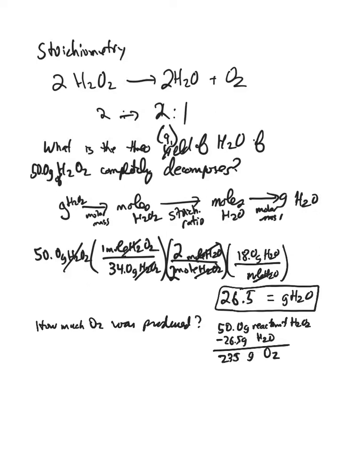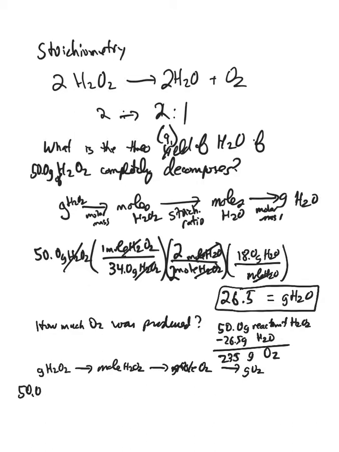But let's check that. Let's go through our stoichiometric process once again to get that practice down and see if we can come up with that same answer. So we're going to take grams of hydrogen peroxide, change that to moles hydrogen peroxide, change that to moles molecular oxygen, and then we can change it to grams of molecular oxygen.